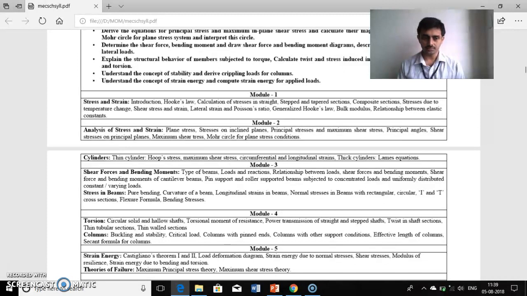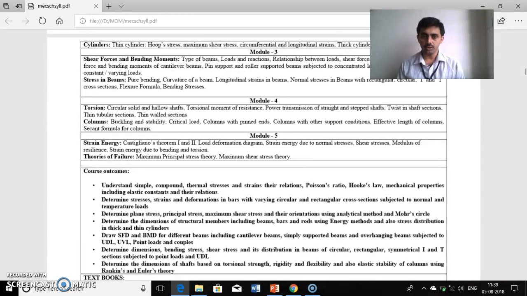Module 3 includes shear force and bending moment diagrams, calculation of that, as well as drawing of shear force and bending moment diagrams for various lateral loads. Stresses in beams are also covered in module 3. Similarly, in module 4, torsion: the twist and the stress induced in a shaft are calculated, and columns, buckling and stability are taught in module 4.